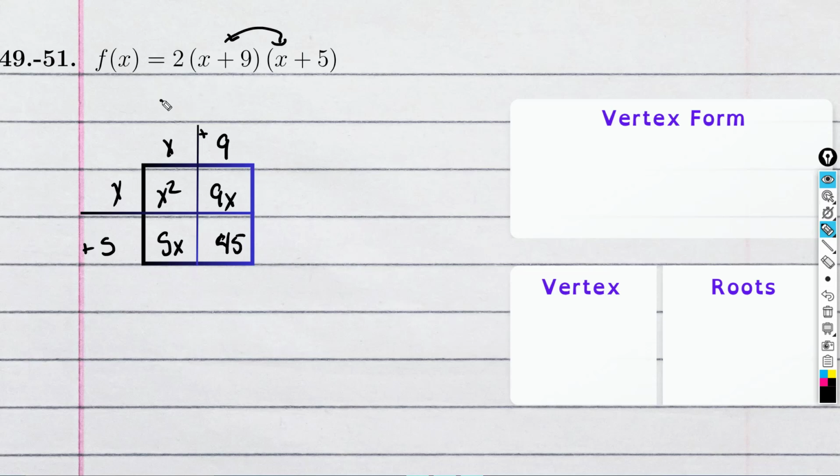Now, we can go back up here. f of x equals, we're going to take 2, and then when I combine this, these two are going to need to add together. We have x squared, 5 plus 9 is 14, x plus 45. So that's what's going to go in my parenthesis.